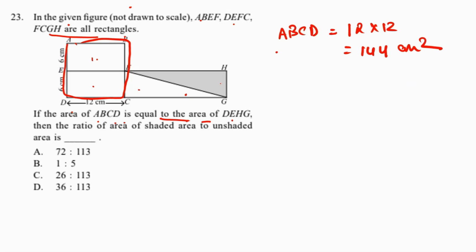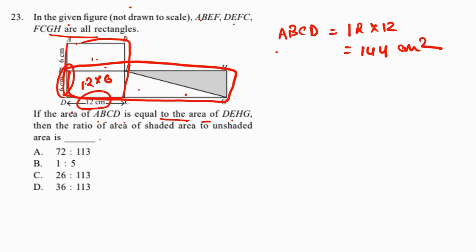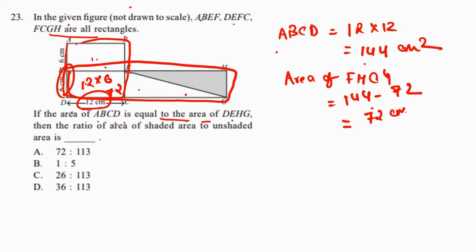This should be equal to the area of DEFG according to the question, out of which we can simply find the area of this portion, which is 12 times 6, because that's a rectangle. So 72. So what should be the area of FHCG? 144 minus 72, that's 72 centimeters square.